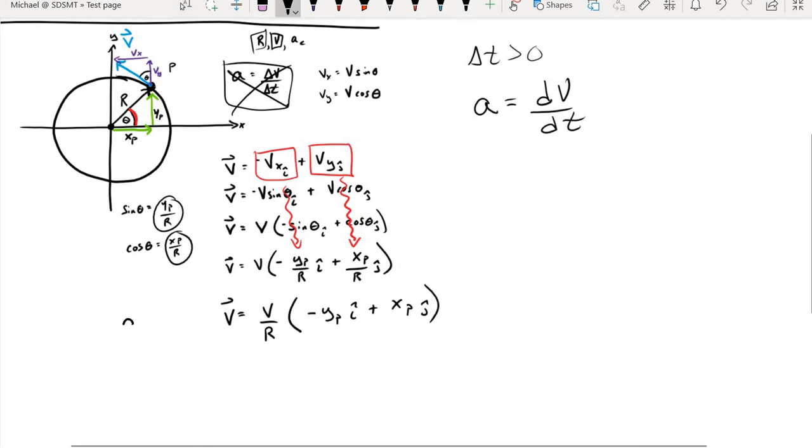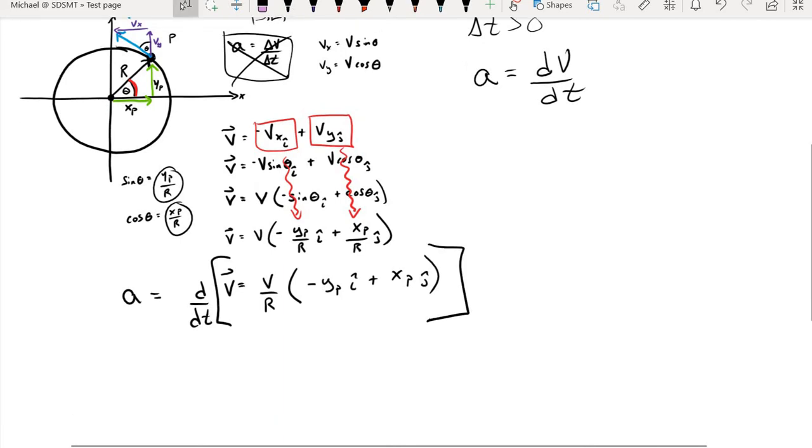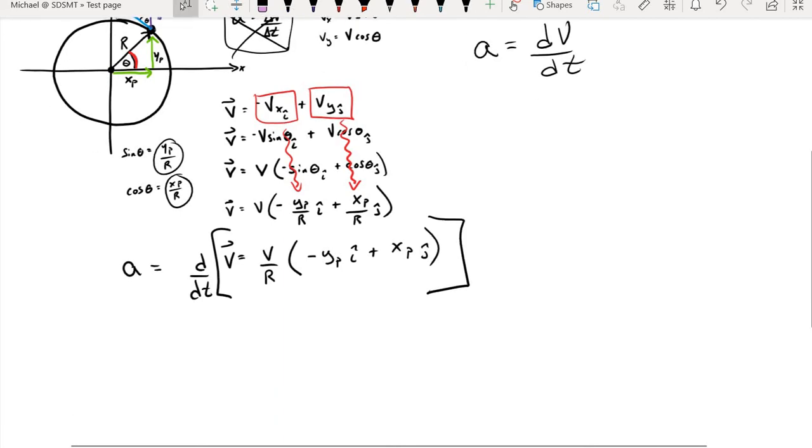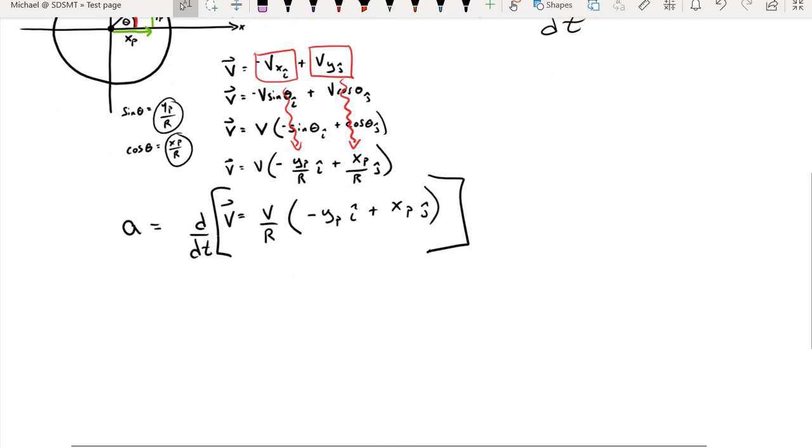So we want to apply a derivative with respect to t to everything that we see there so that we can get an acceleration expression. So obviously dv dt is going to produce acceleration, and what we do to one side we have to do to the other.